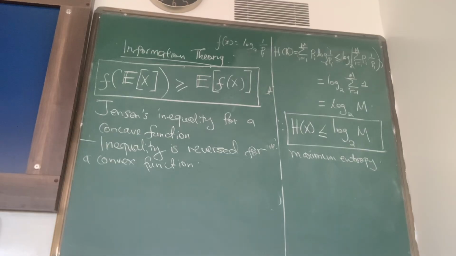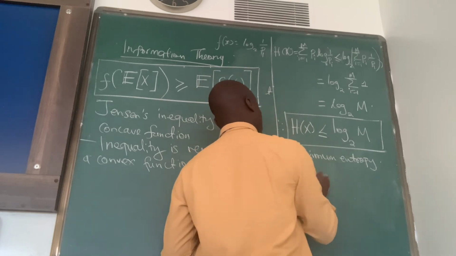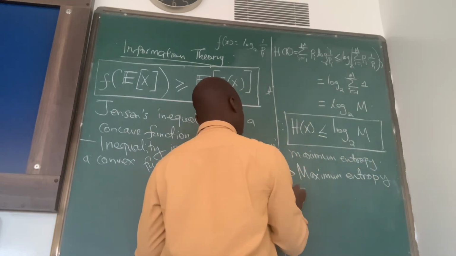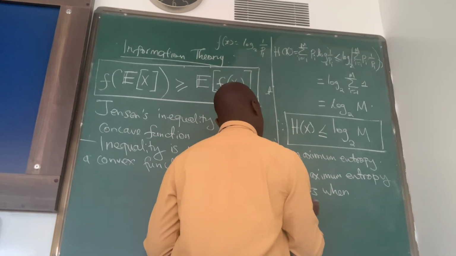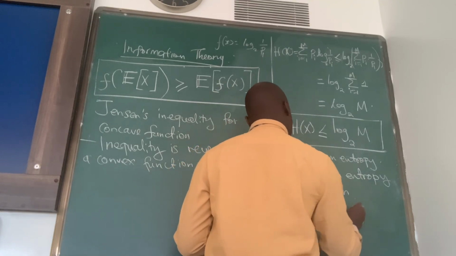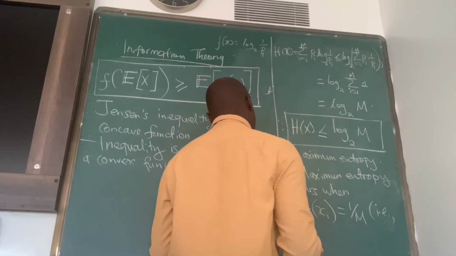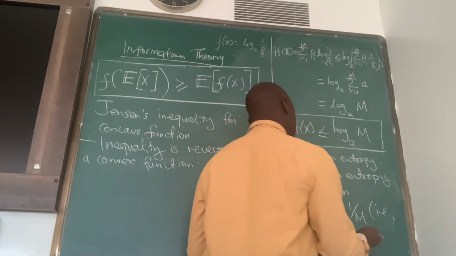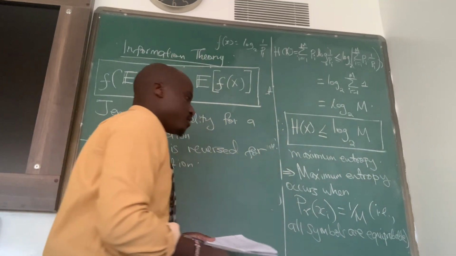So the maximum entropy is obtained when all the probabilities are equiprobable, or all symbols are equiprobable.